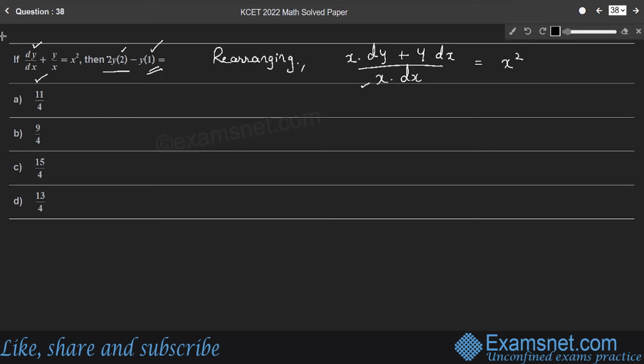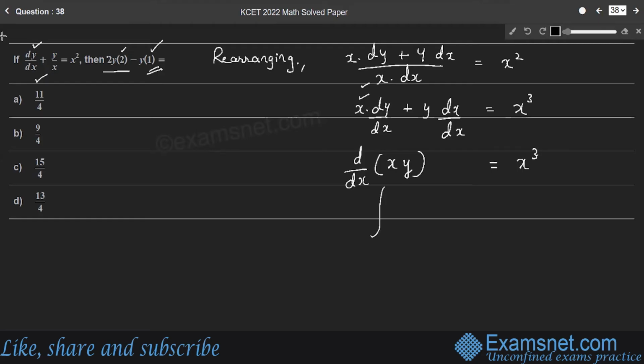We'll take this x in the denominator to the right hand side. So the equation becomes x into dy by dx plus y into dx by dx. Taking x to the right hand side, it becomes x cube. Here, this expression on the left hand side is nothing but d by dx of x into y, is equal to x cube.